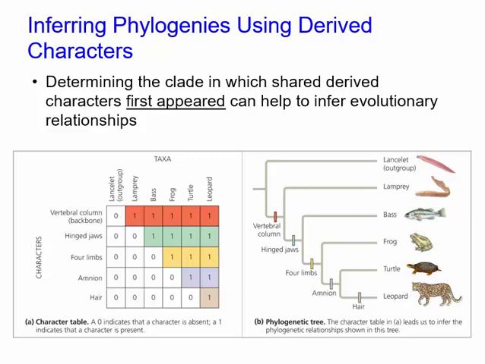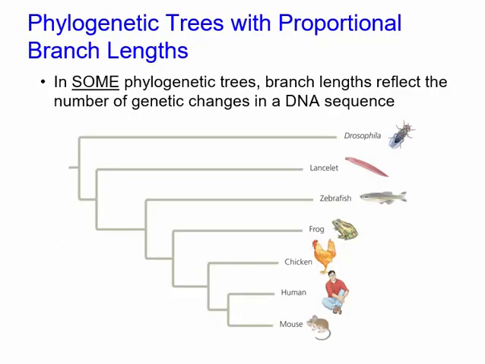helpful. Now, we mentioned earlier how branch lengths might not be relevant for understanding, say, time, which we'll see an exception to. We talk about molecular clocks here. But in some trees, branch length might represent, say, genetic distance or differences between shared characteristics.